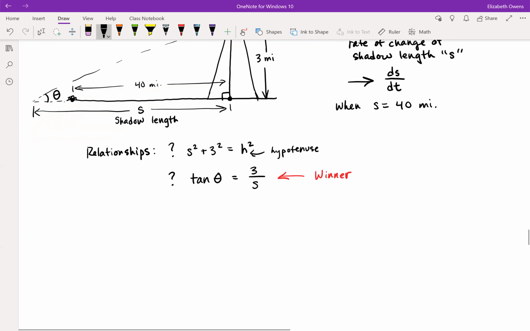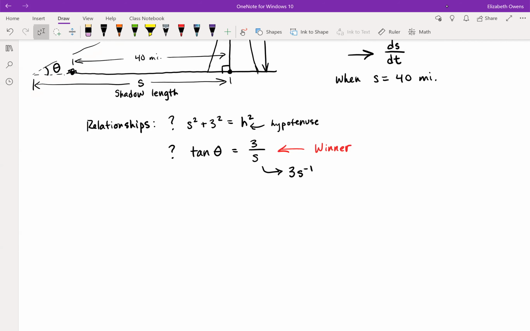Okay. So now we need to differentiate that with respect to time so that we can get some rates. I'm going to rewrite this 3 over s as 3s to the negative first power instead. All right.